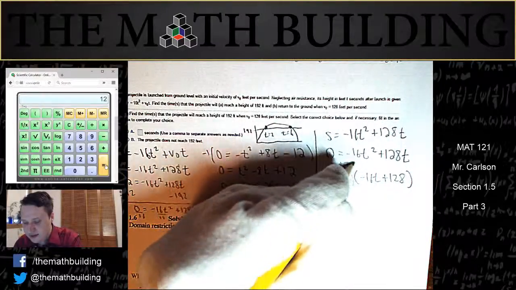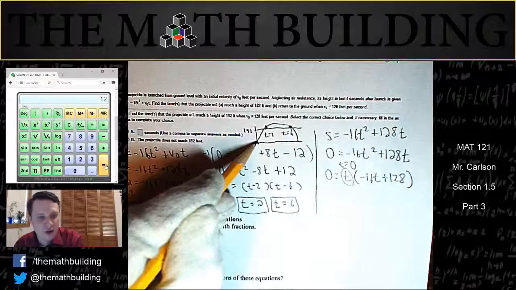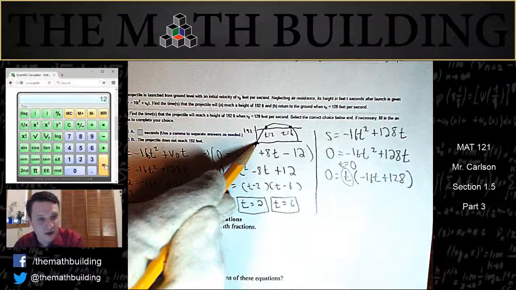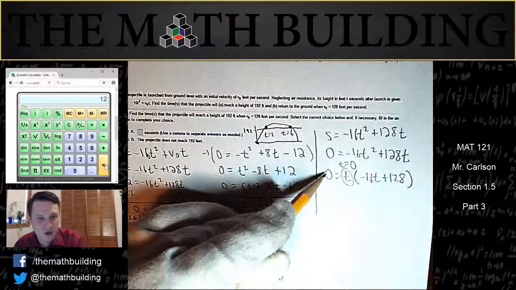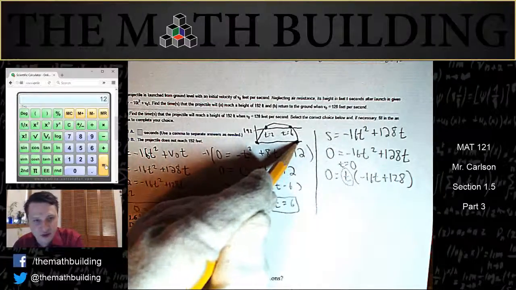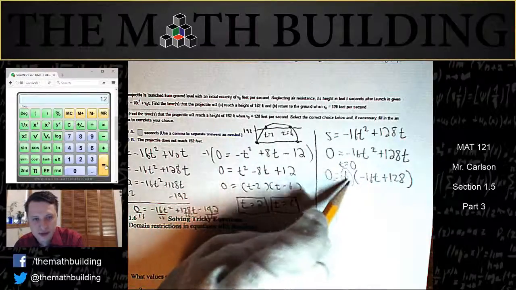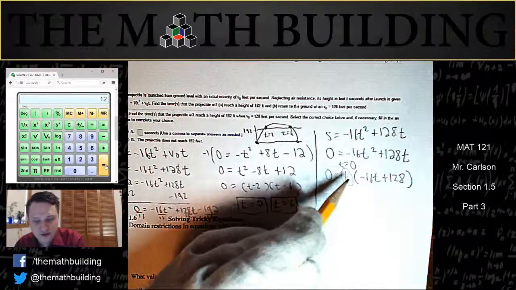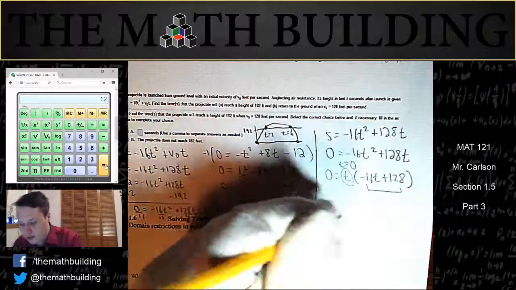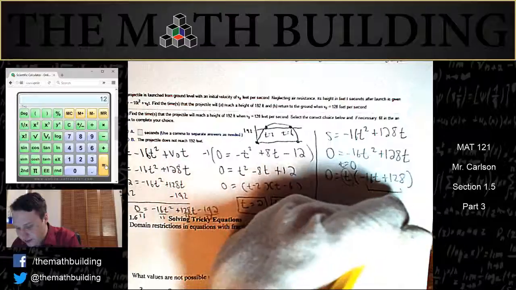Does that make sense? Yes, because at the original time, the rocket was on the ground. So it makes sense that when we're on the ground, one of the answers is time is 0. And to find the other answer, we use the zero factor property. Because this is 0 here, and because we're multiplying, one answer lives here, one answer lives here. So we just solve for this piece to find the other answer.